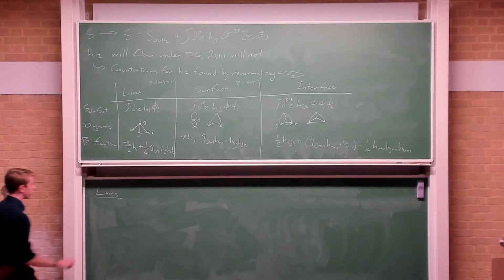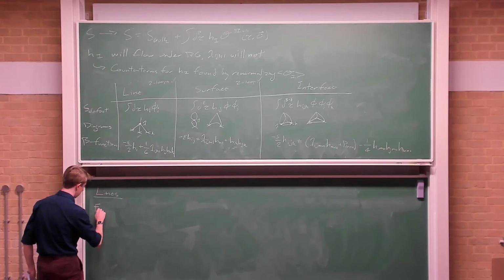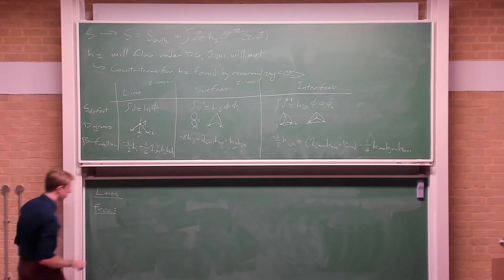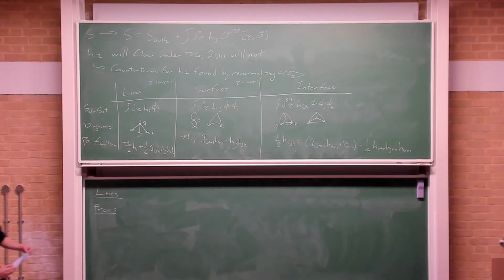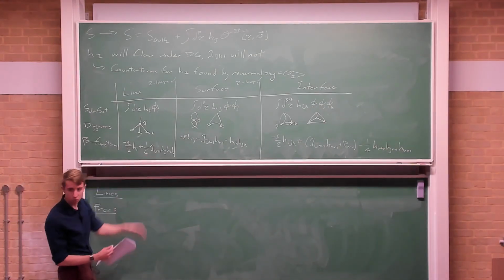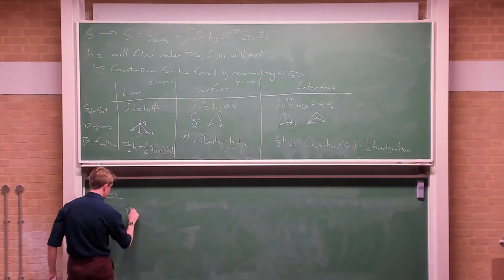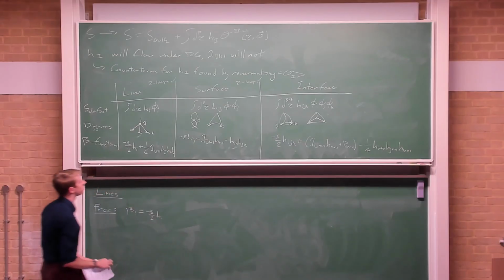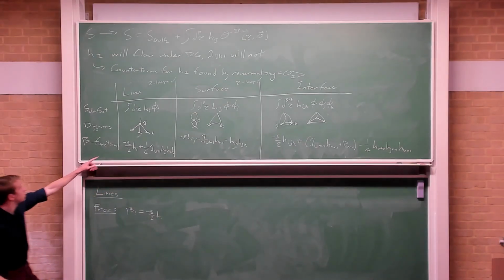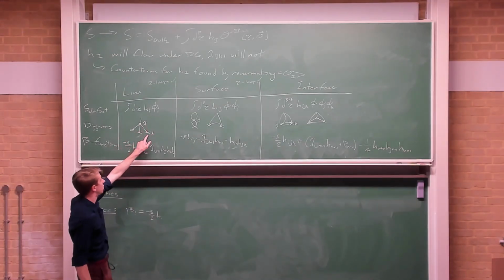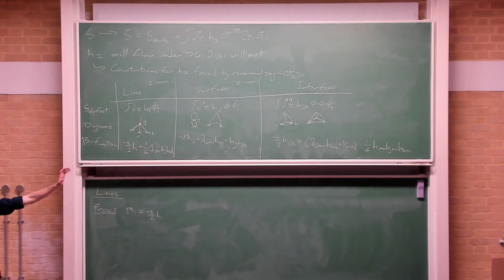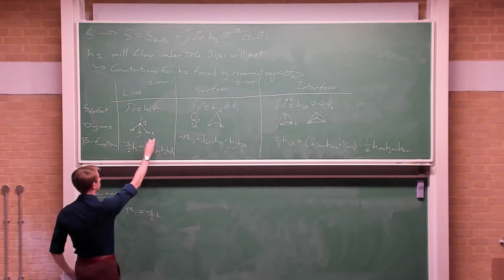So first, for lines, I'd like to briefly comment about the case when you take the bulk to be free. So here, lambda will be 0. There will be no bulk interaction. And you see that the beta function will just include the classical piece. And you can convince yourself that because this interaction is just linear in the field phi, even if you go to higher loop orders, there's no diagram you could construct that would be purely defect.